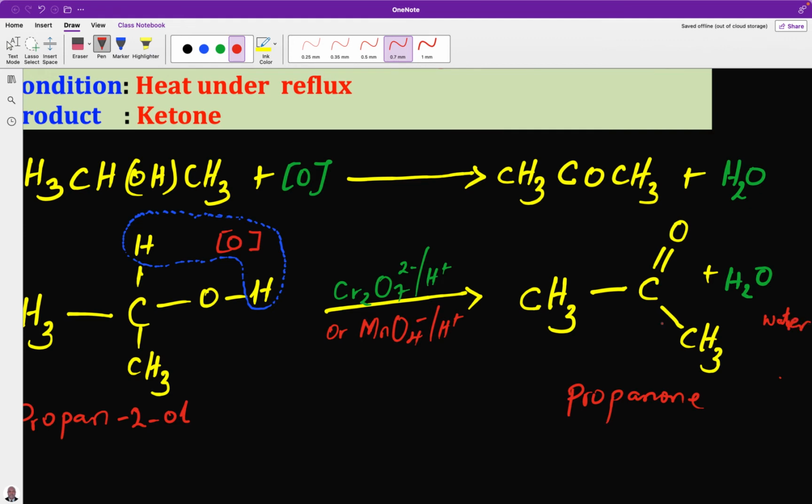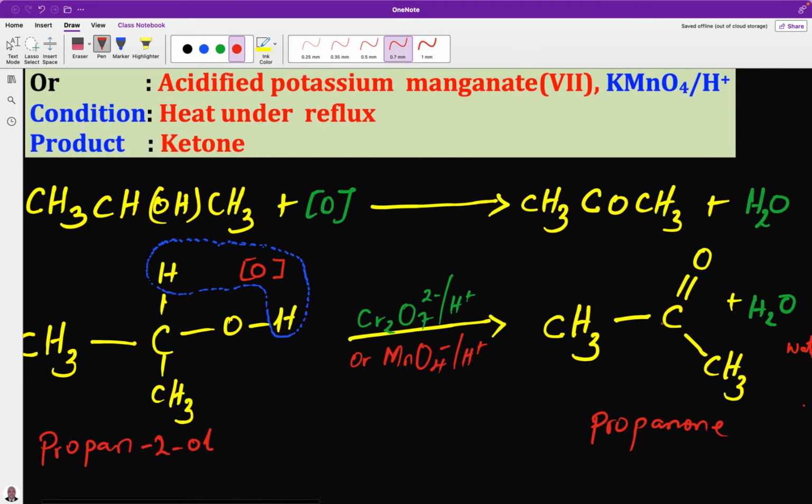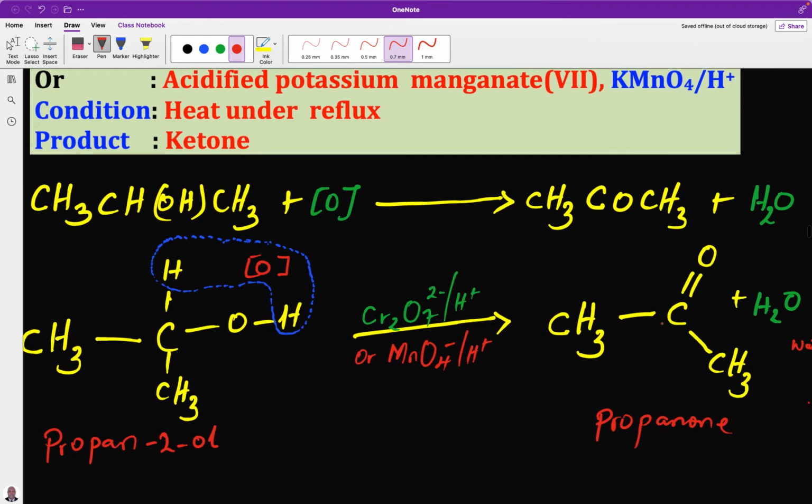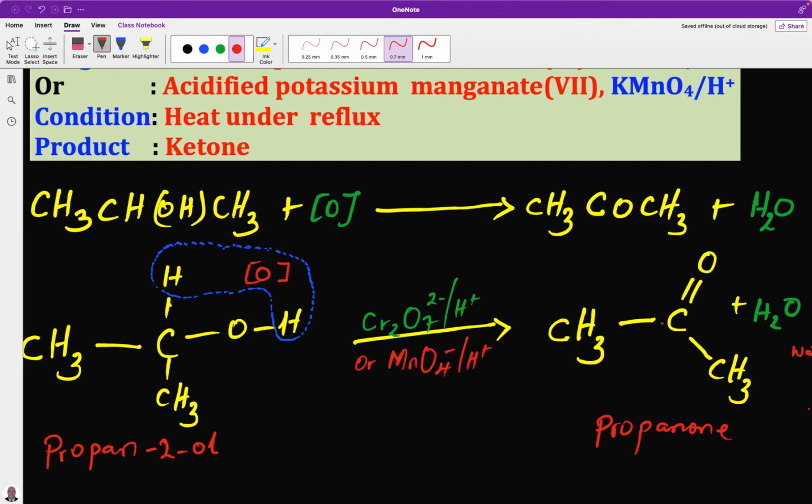So you can see how the oxidation process is taking place to produce our final product.